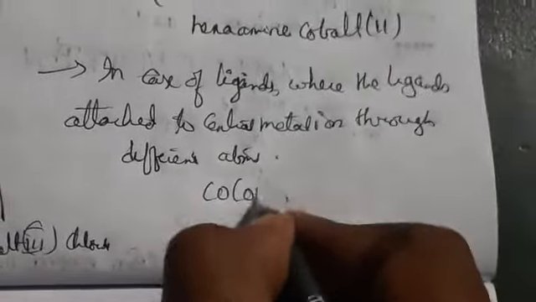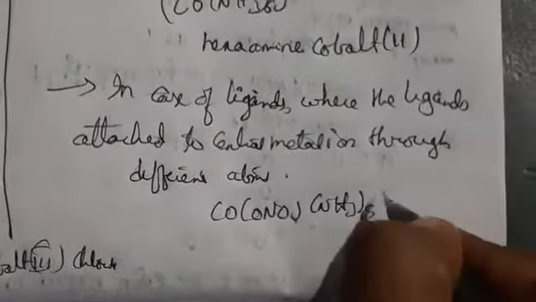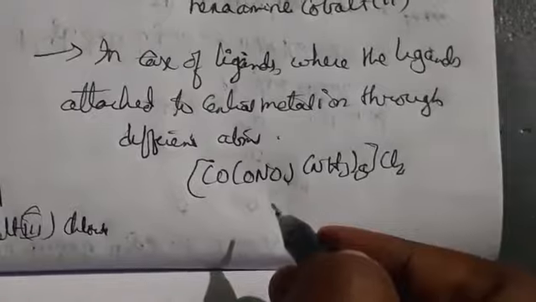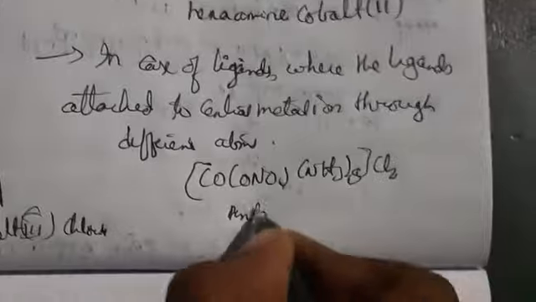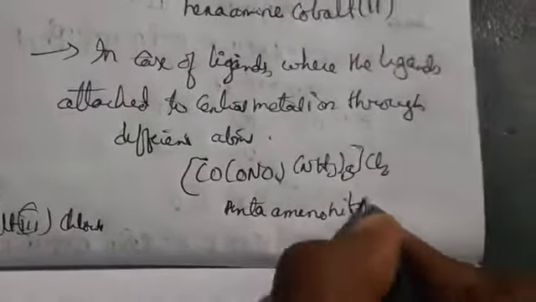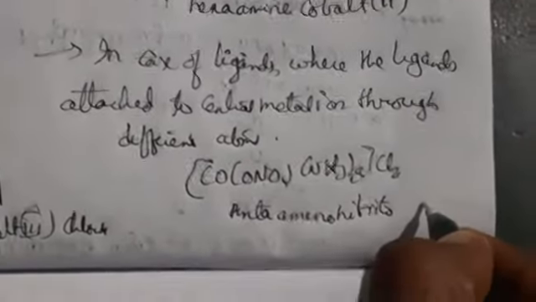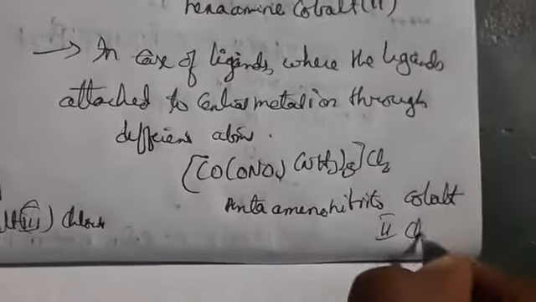So means what here? For example, Co(ONO)(NH3)5 Cl2. Okay, so like this if they have been given, then we can write it as, first one we will be writing pentaamine nitrito. Okay, so nitrito cobalt 2 chloride. So this is the way to write.